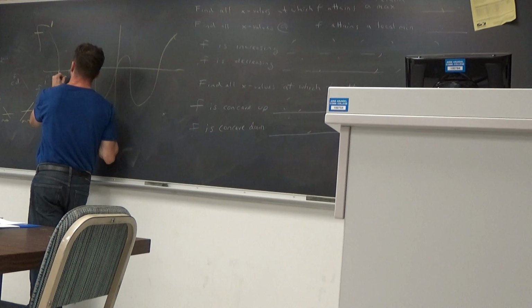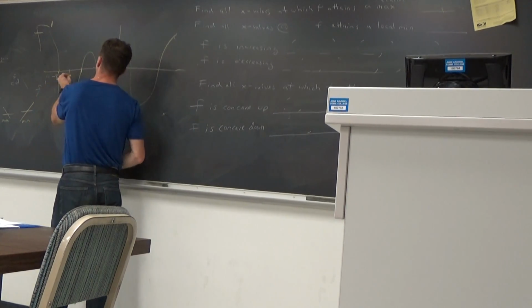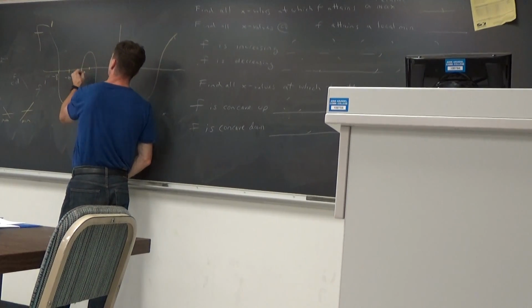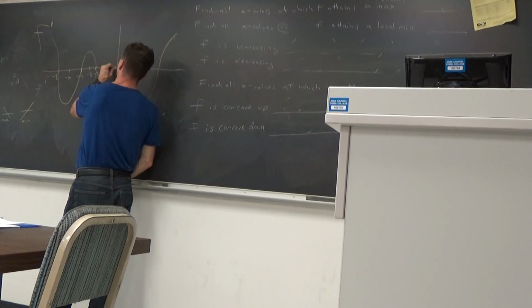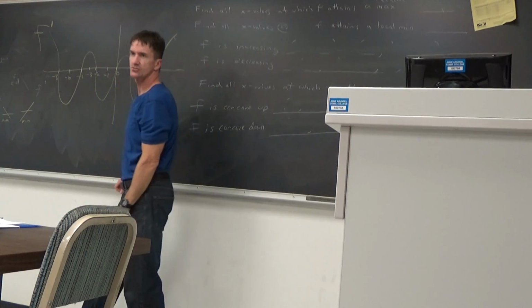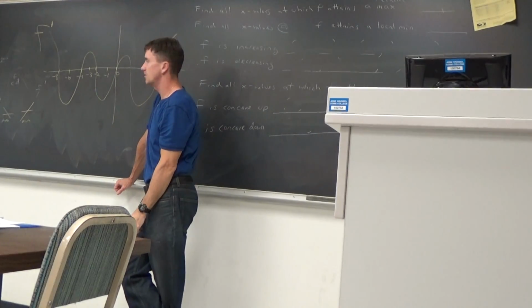-8, -6, -4, -3, -2, -1. That's 0. Not drawing a scale though. Don't worry. Will that work?